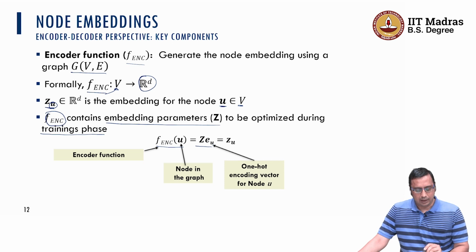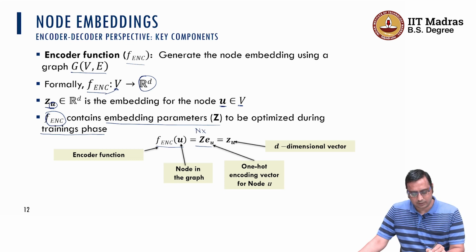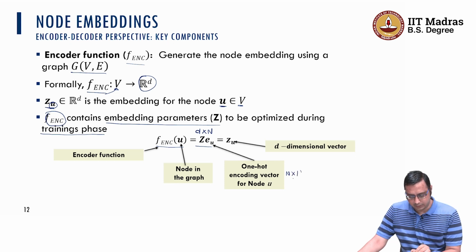And Z is an embedding matrix. This will be d cross n dimension, and e_u is n cross 1 dimension, where you can think of this one is going to be 0 0 0 1 0 0 0.